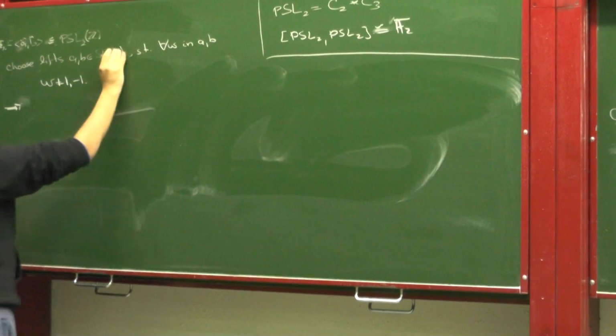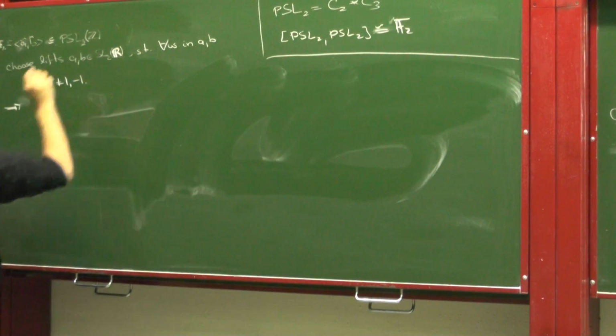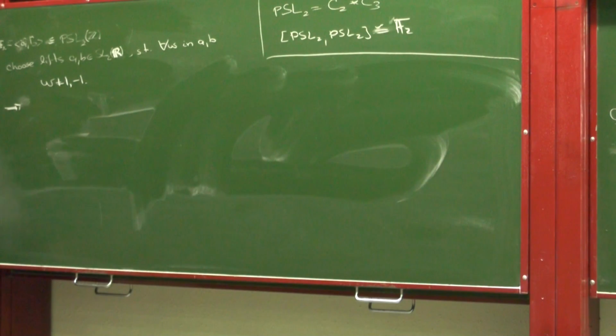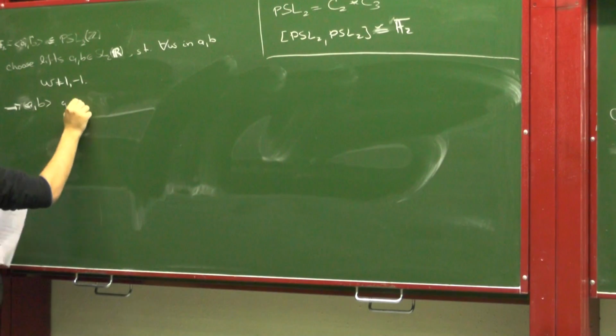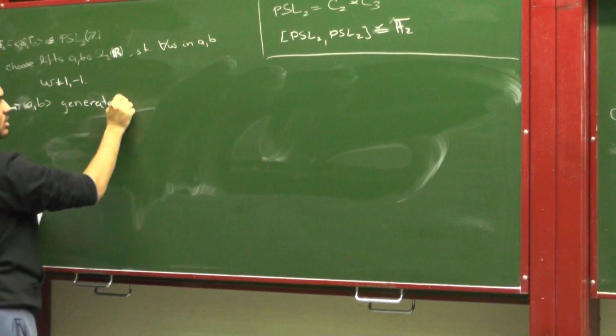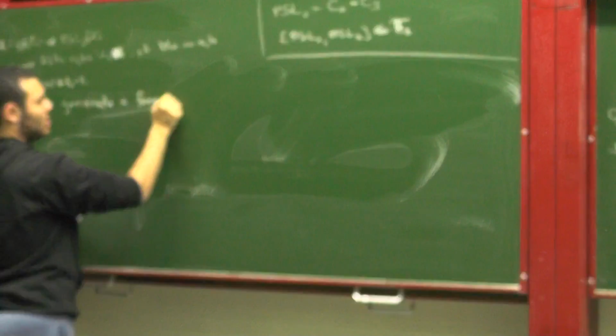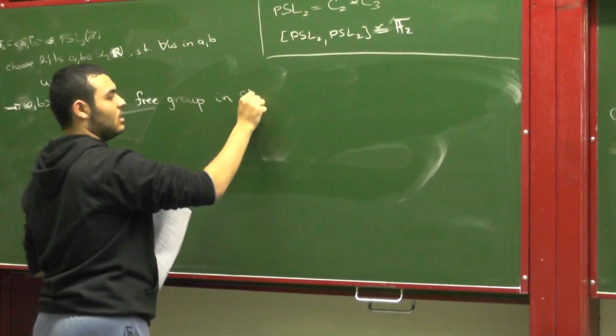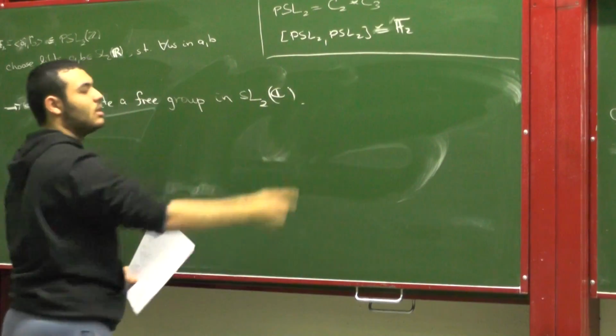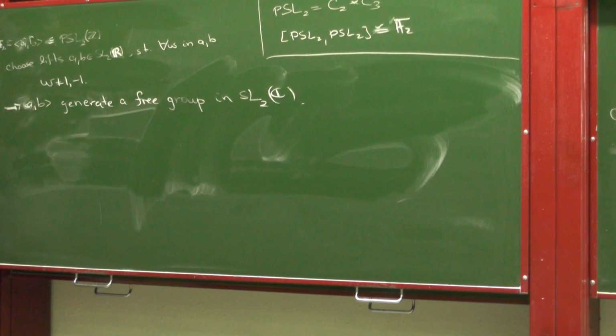So maybe even SL2R. Okay? So this means that A, B generate a free group in SL2C. Now, why did I insist on C?